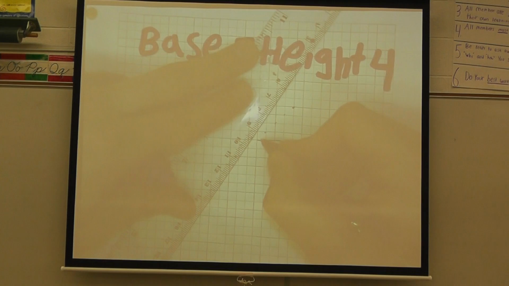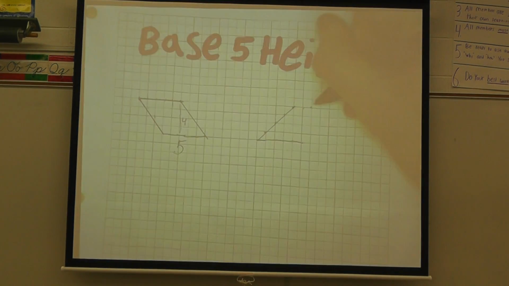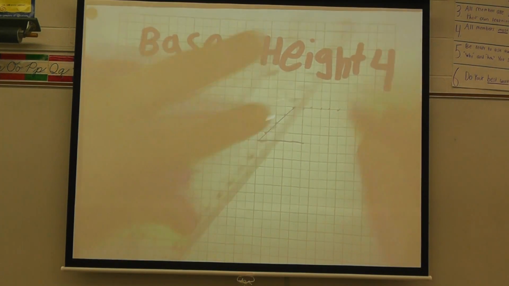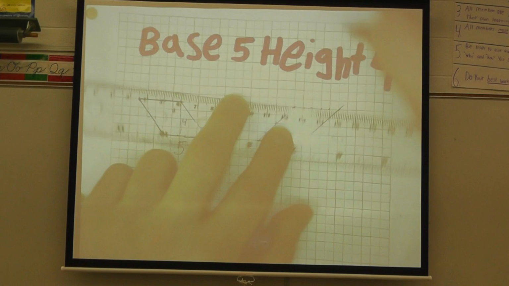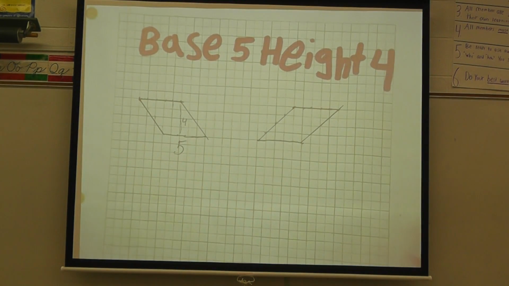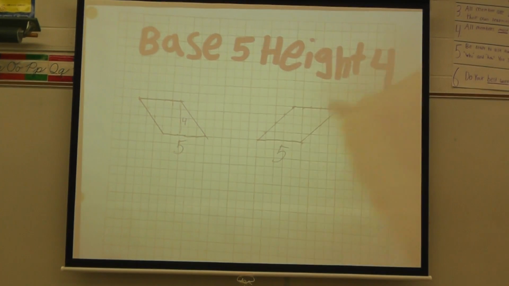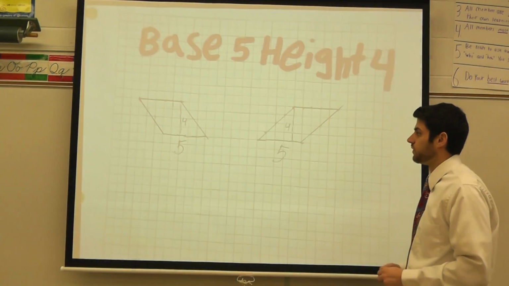I'm going to use my handy dandy ruler here, count over 5, 1, 2, 3, 4, 5, and connect that line and then this line, so that now I have my parallelogram. I'm going to label the base 5 here, and draw my line down the middle to label my height as 4 on the side. So I now have two parallelograms up here that have a base of 5 and a height of 4.